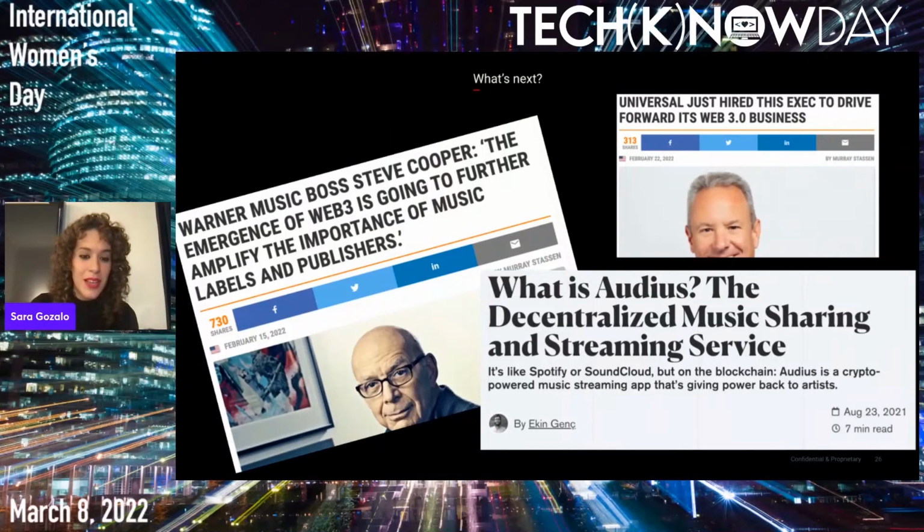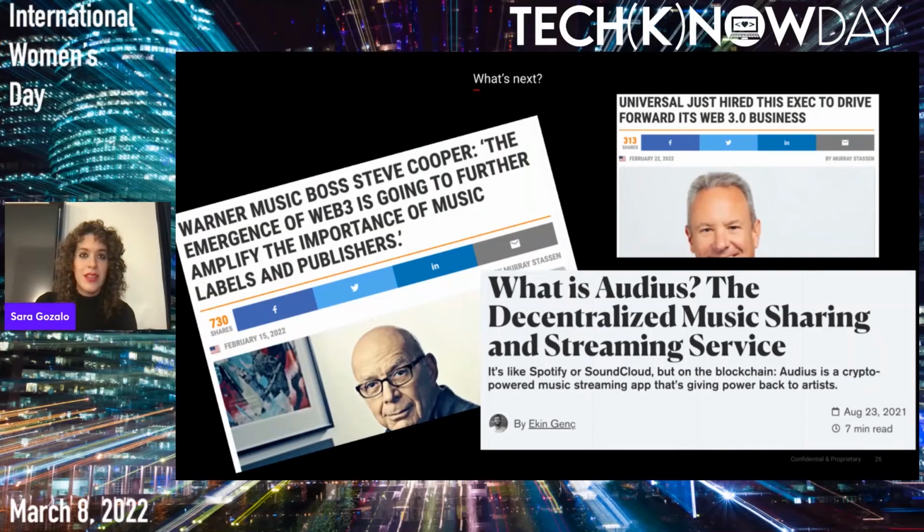So for example, Warner Music's Steve Cooper recently said that the emergence of Web3 is going to further amplify the importance of music labels and publishers. Universal just hired someone to be working with Web3. And Audius, I don't know if you know this startup, is decentralizing music sharing and streaming, a streaming service that is decentralized.